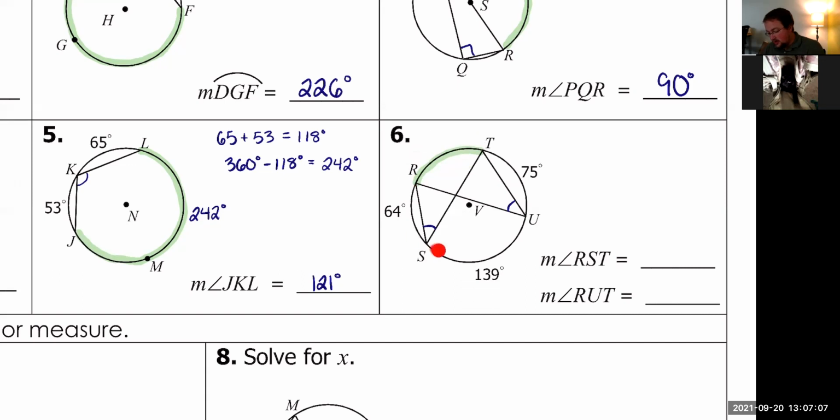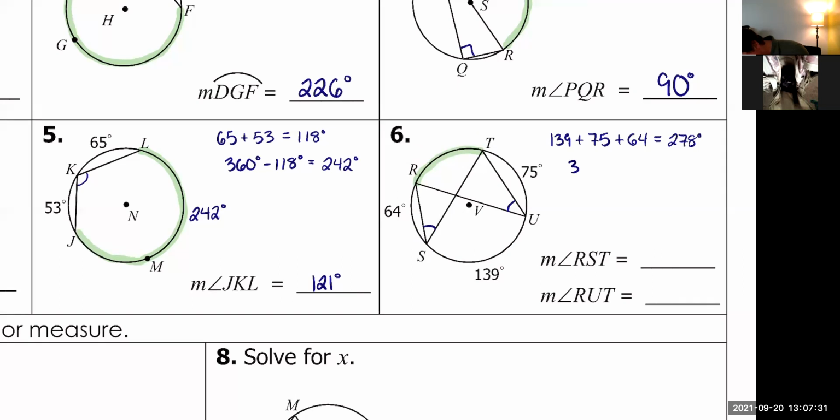But I do have all these other arcs in the circle. I could add them together and then do what with that? Subtract it from 360 again. So 139 plus 75 plus 64, you said it's 278. Yeah.